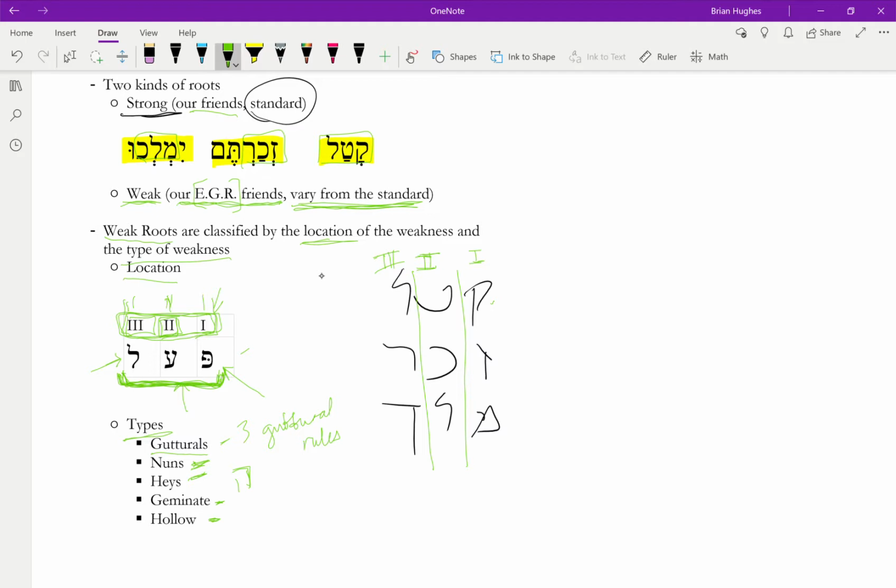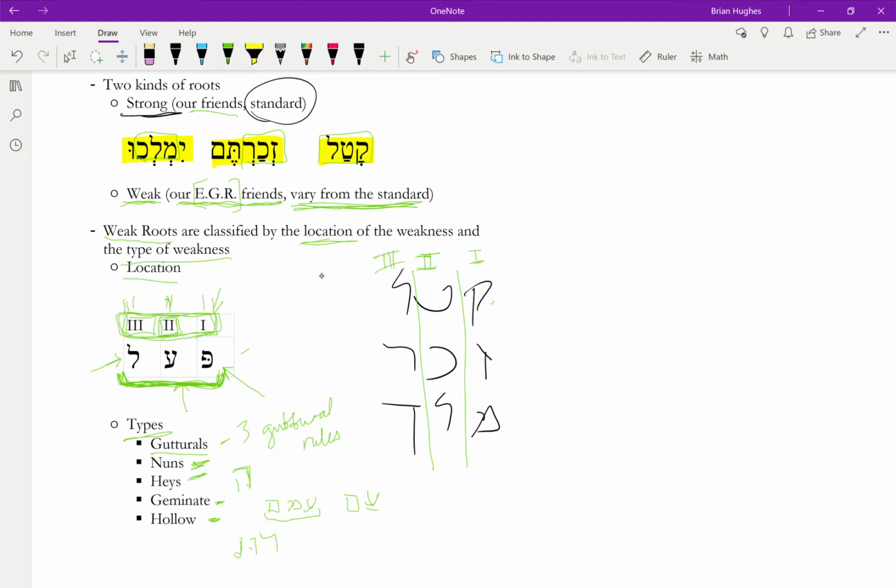Geminate roots: you've already learned that the word amam, which we've learned the root am for people, is actually a geminate root, amam. And so when you have this doubling of the second and third position consonants, that causes issues with verbs. And then hollow verbs are when you have two root consonants, and then you will have a long vowel in between them.